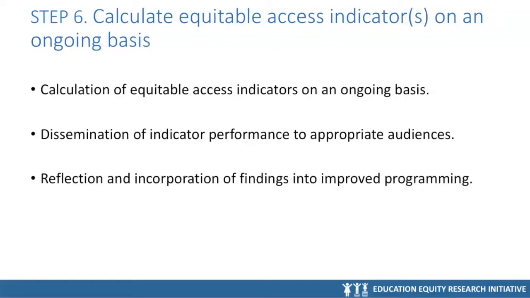Once steps 1 through 5 are in place, as I mentioned in the beginning, projects should be able to calculate equitable access indicators on an ongoing basis. In addition, we strongly recommend dissemination of the indicator performance to the appropriate audience, as well as promoting reflection and incorporation of the findings into improved programming.